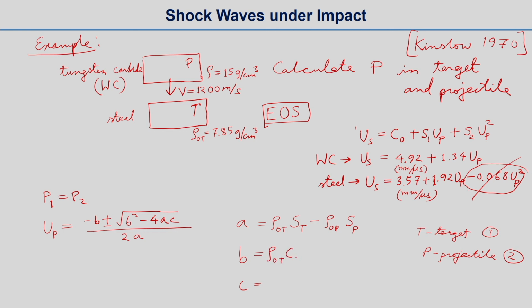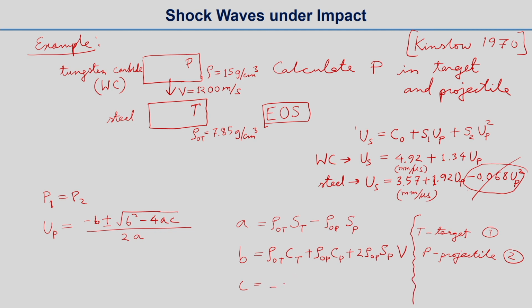then B is rho naught T CT, T for target, plus rho naught P CP for projectile, and then twice rho naught P, that is the density of the projectile material, and SP for projectile, and V, the impact velocity.